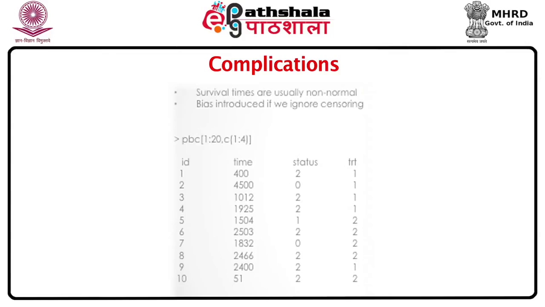If we look at the status variable, then the value 0 indicates that the corresponding individual was censored. So individual 2 was censored, individual 7 was censored. If we simply ignore the status column in our analysis, then we will assume that individual 2 experienced the event at time 4500, which may or may not be correct, and our resulting inferences may or may not be valid.